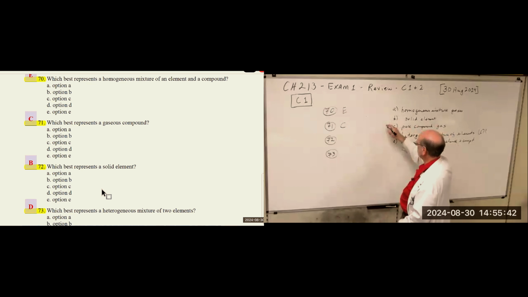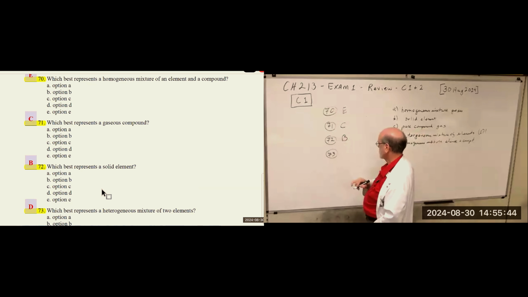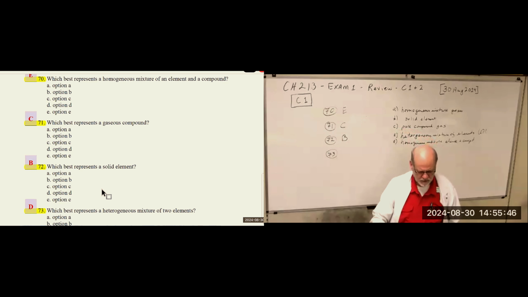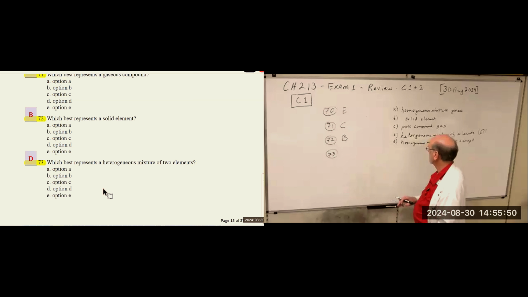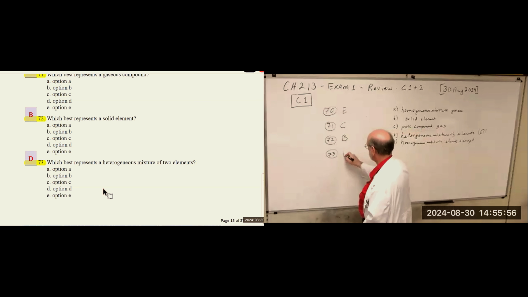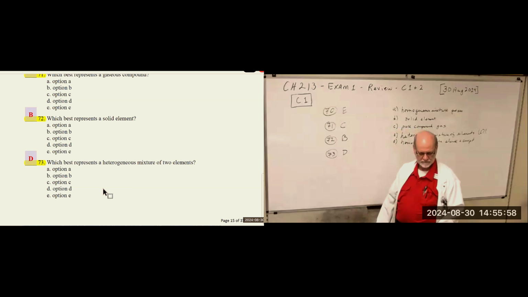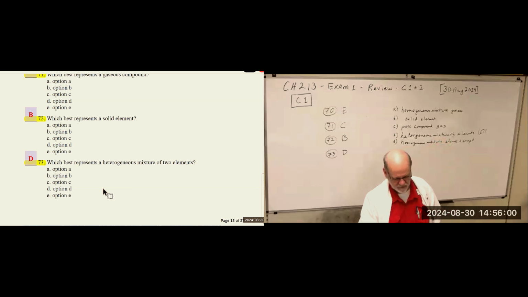It's this one, B. And 73, which represents a heterogeneous mixture of two elements? Heterogeneous mixture of elements. Here we go, D. It didn't even care if it was a liquid or not.